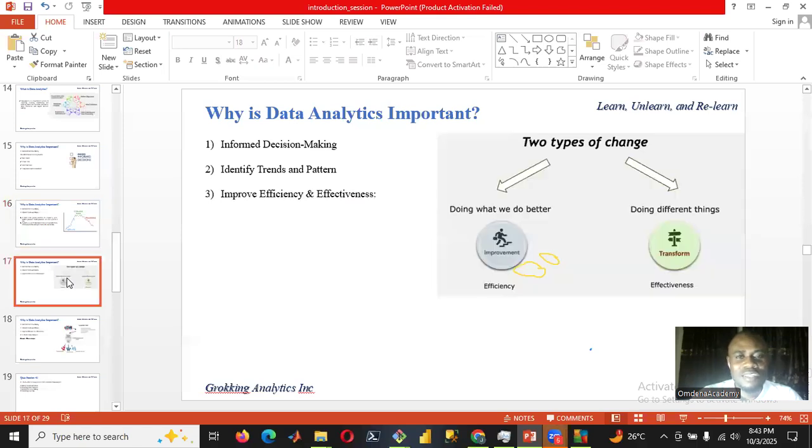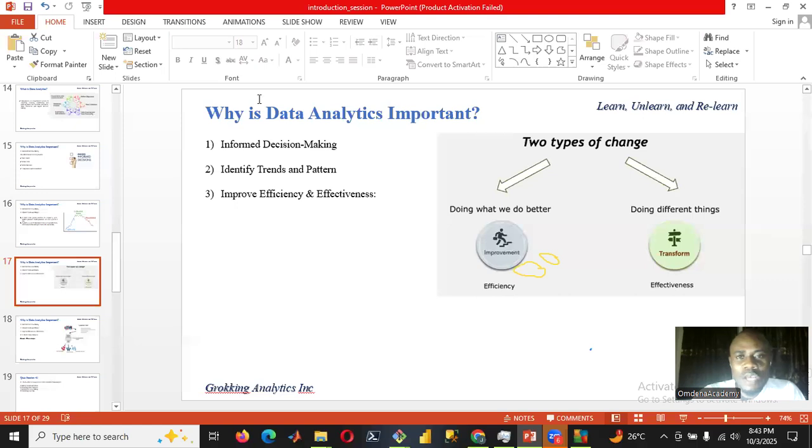Then the next one is that data analytics can help us improve efficiency and effectiveness. So efficiency in this case is that we want to do better. We're talking about improvement. We want to do better.